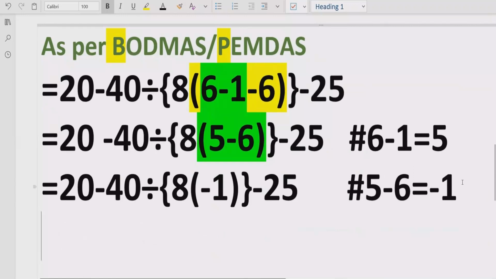Now we have to solve this bracket which is the curly bracket. So now we will multiply these two terms. How can I say this is multiplication? This becomes the implied multiplication because 8 is multiplying with the bracket.